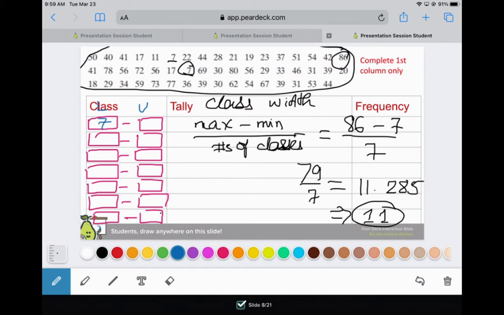There's no reason for us to find the number 11 and toss it out and not do anything with it. That's a waste of time, right? So you add the class width, yes. So 7 plus 11 gets me 18. That's what Rita gave me earlier, and so did Francisco, yes. Okay, so the first class is 7 through 18.